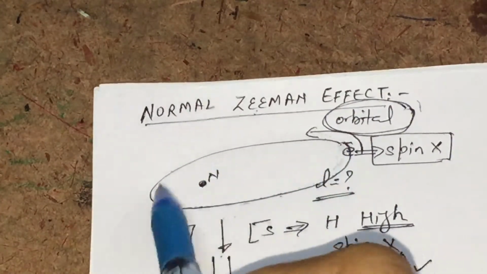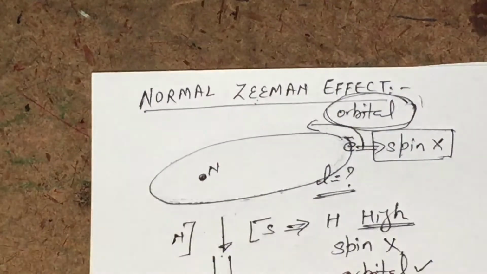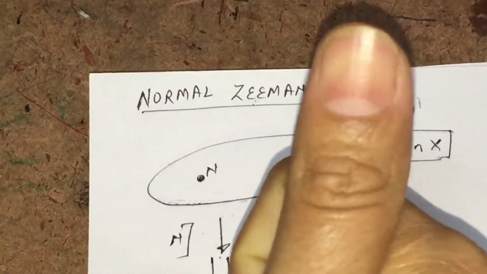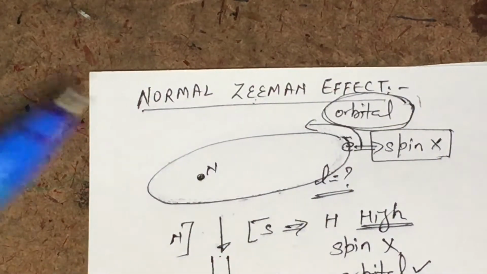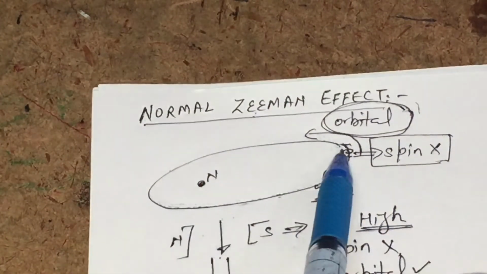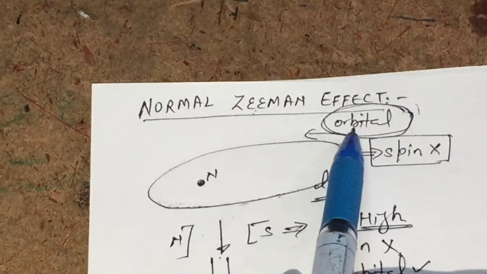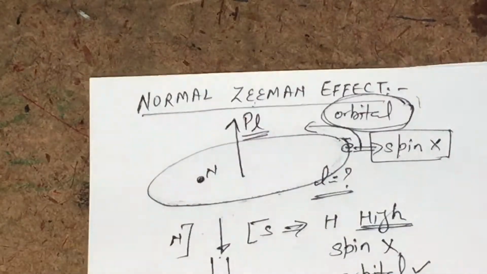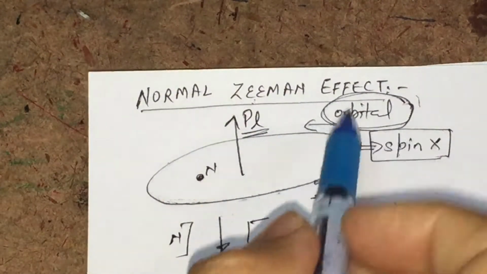This is the path in which the electron is moving in its orbit. We very well know that with the help of the right hand thumb rule, by curling the fingers in the direction of the orbit, the right hand thumb will indicate the direction of our angular momentum.